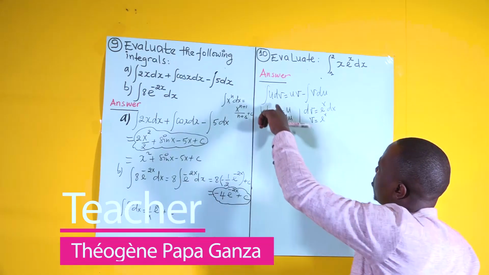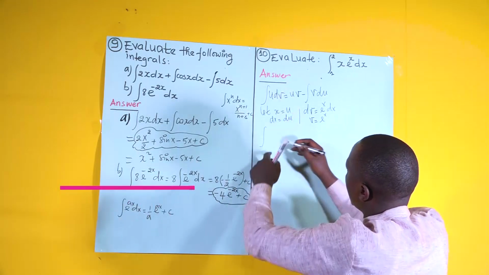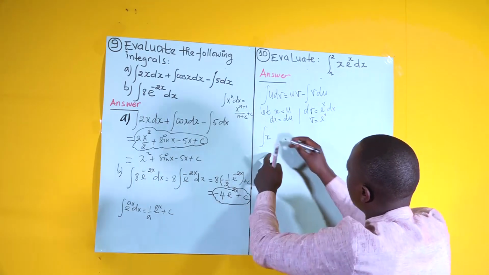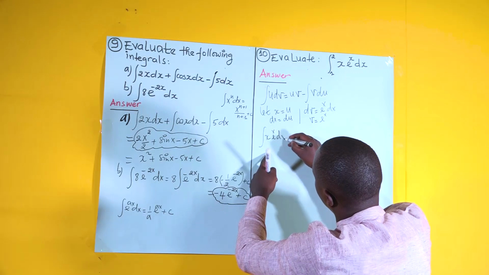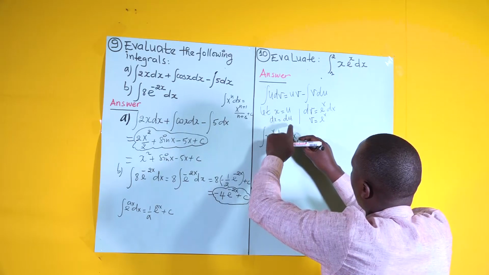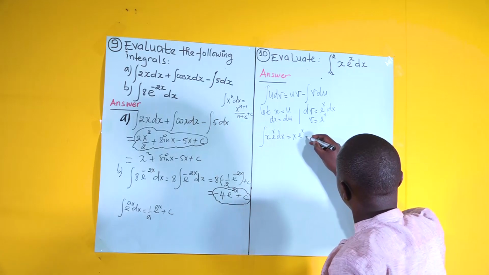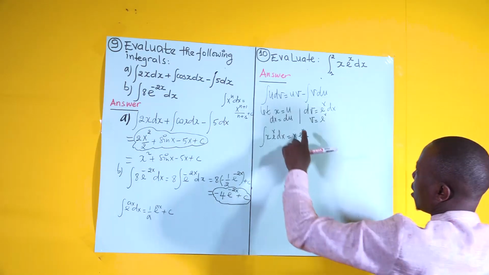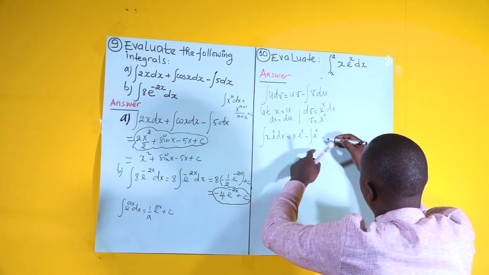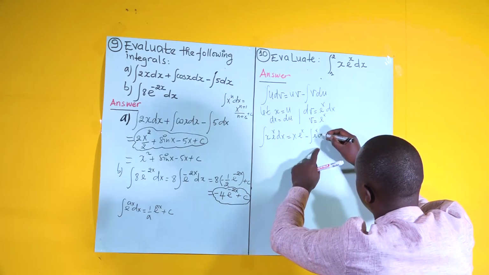Let us substitute in the formula. The formula says integration of u, which one is u? It is x. dv, which one is dv? dv is e to the x dx. This is equal to u times v: u is x, v is e to the x, then minus integration of v, which is e to the x, du, which is dx.